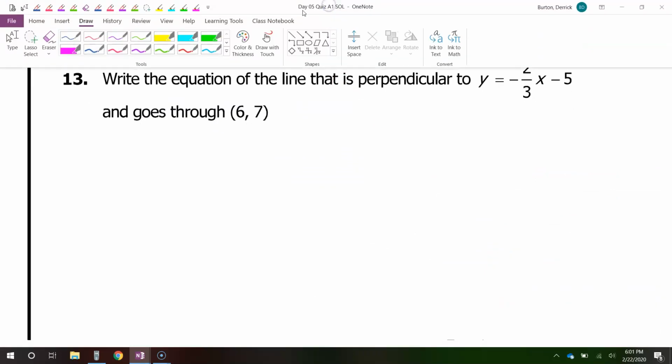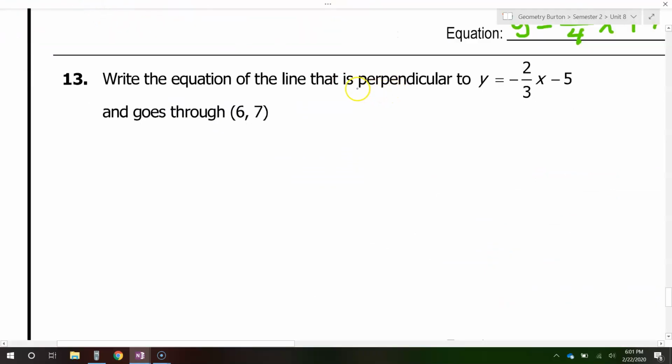Perpendicular. All right, so perpendicular lines do not have the same slope. When you see perpendicular, you should be thinking slope is opposite and reciprocal.